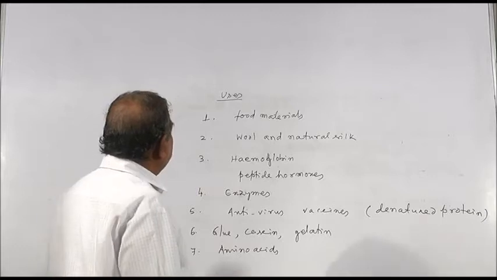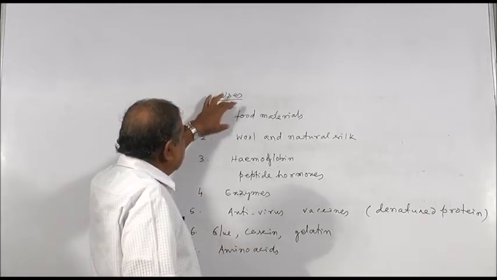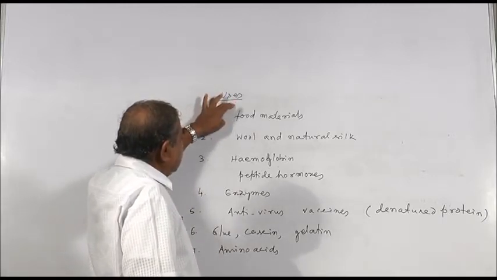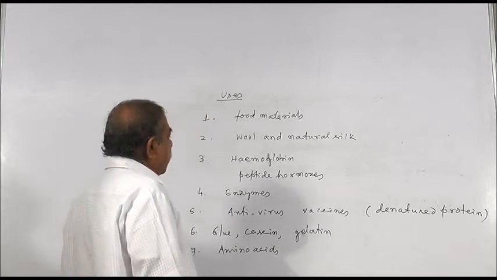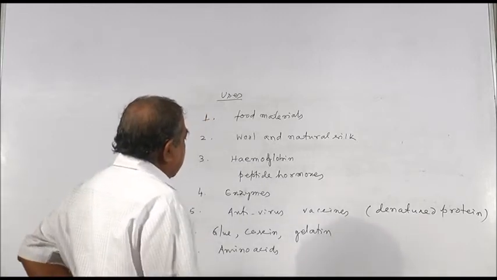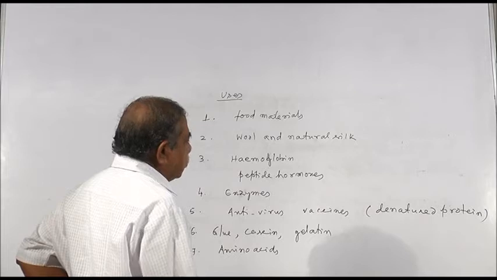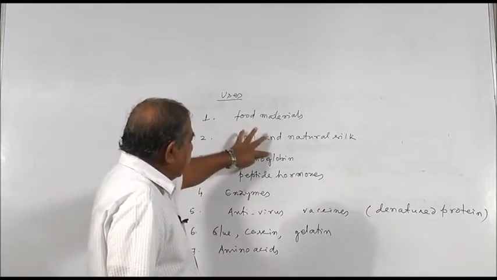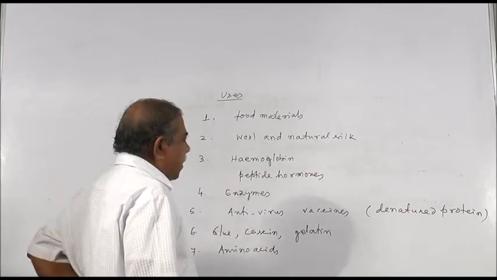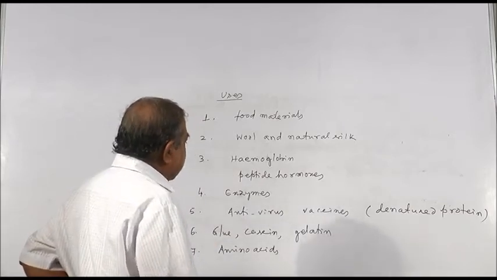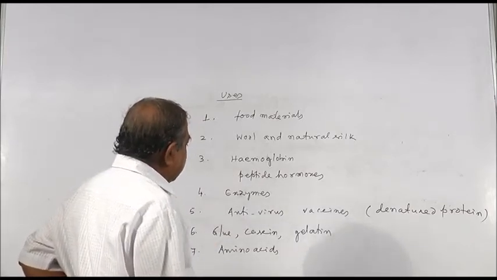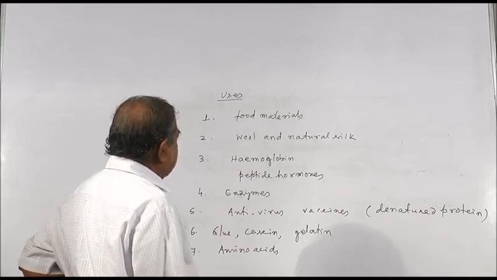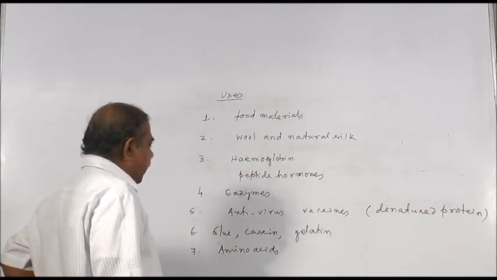Amino acids are required for different biological functions of human life. So, its important uses: it constitutes one of the main constituents of food materials for animal life. Wool, natural silk are also protein in nature. Hemoglobin and some peptide hormones which are necessary for different biological functions are also protein in nature.